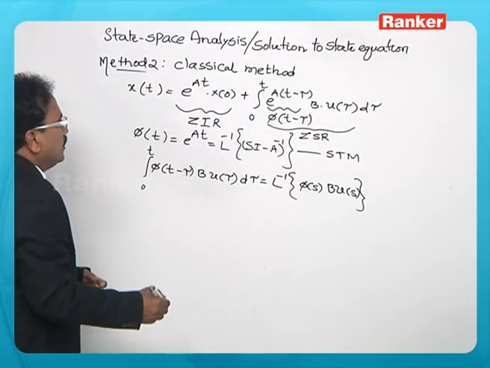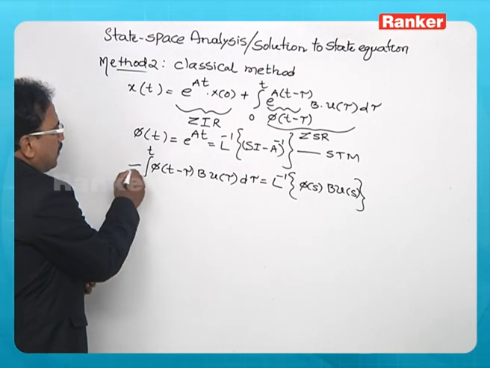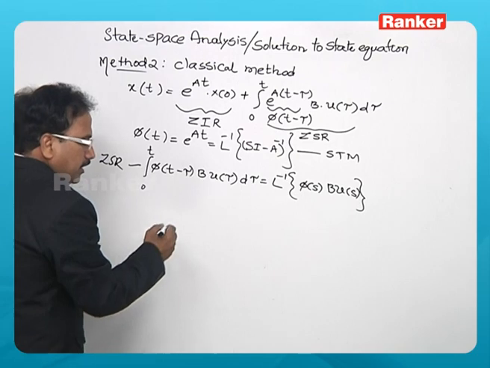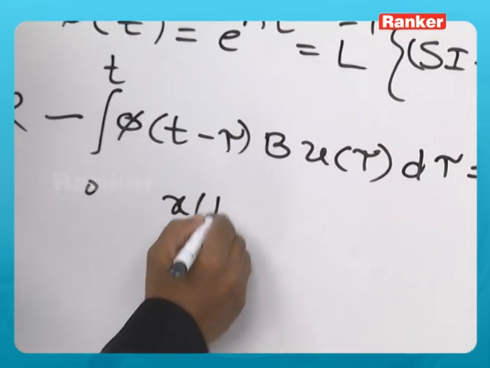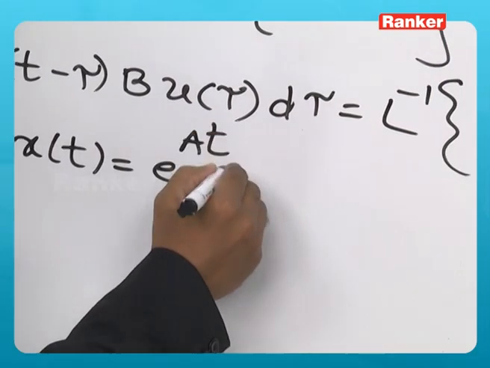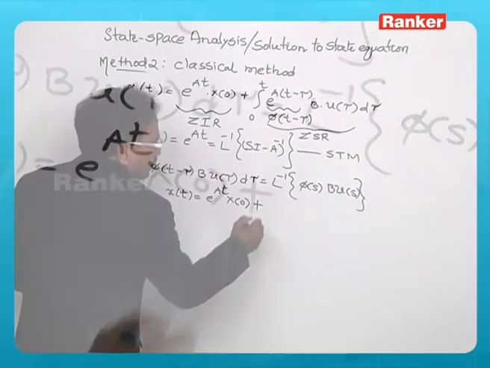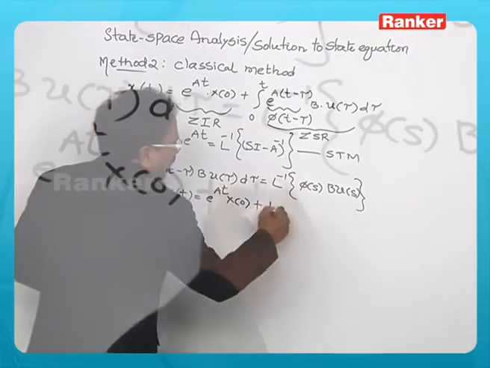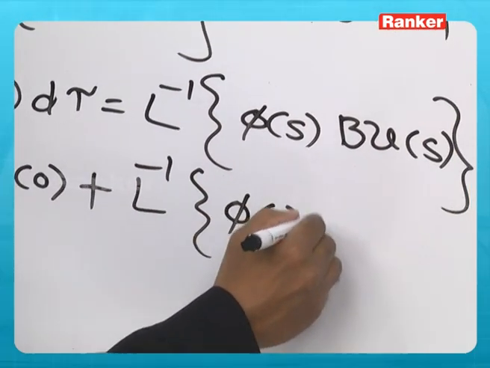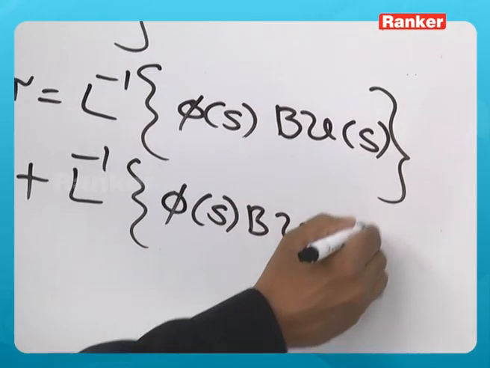So, this part is the zero state response, and x of t is equal to e to the power At into x of 0 plus Laplace inverse of this part, phi of s into B U of s.